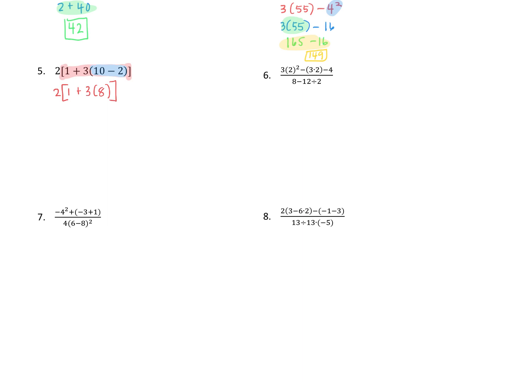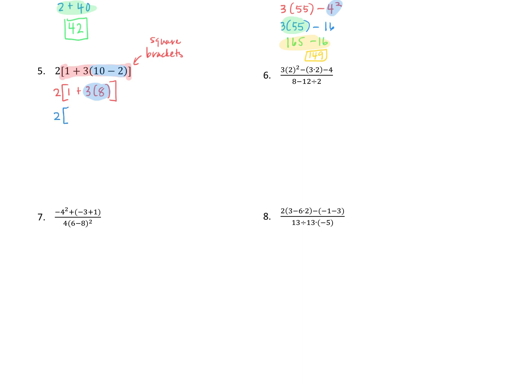Okay, so now inside the brackets, so these are called brackets instead of parentheses, or they're called square brackets. Inside the square brackets, we have addition and we have multiplication. So our order of operations say that multiplication would come before addition. So we're going to do that.